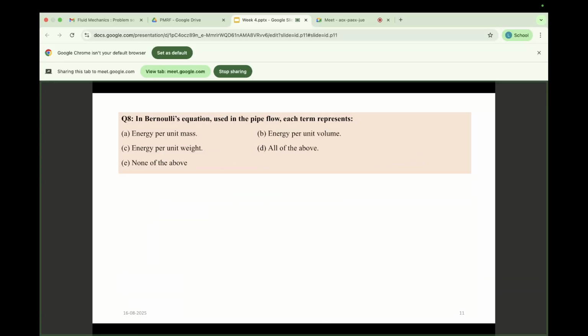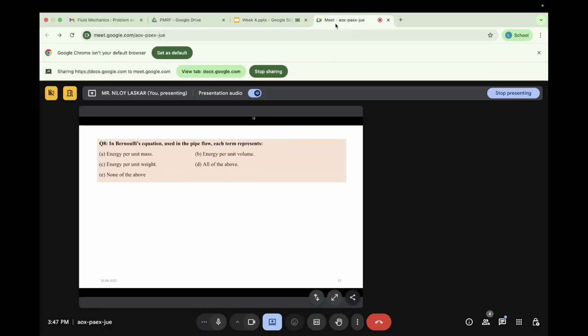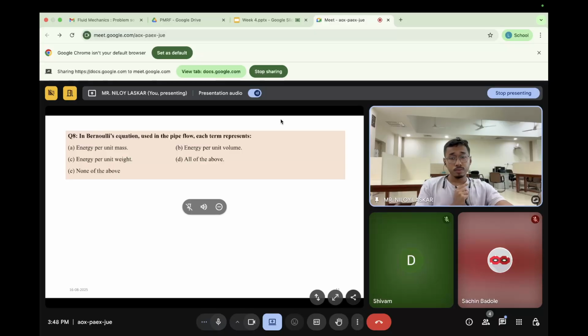Again, this question is also based on Bernoulli's equation. In Bernoulli's equation used in pipe flow, each term represents a head. I know that each term represents a head, that is pressure head, kinetic head, datum head. But what exactly does head mean? That is the question. Please try to answer. Shivam, I think you understand the mistake in the last question.